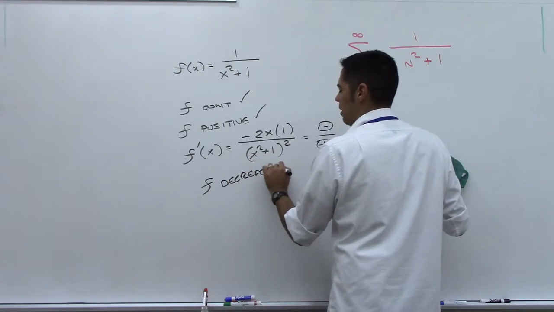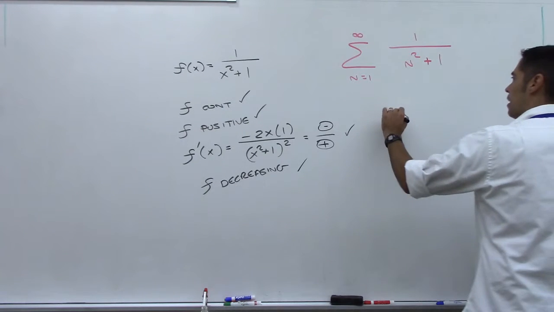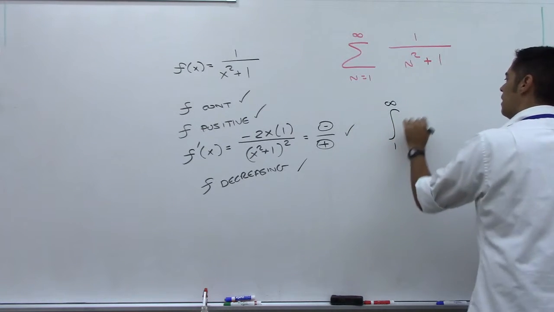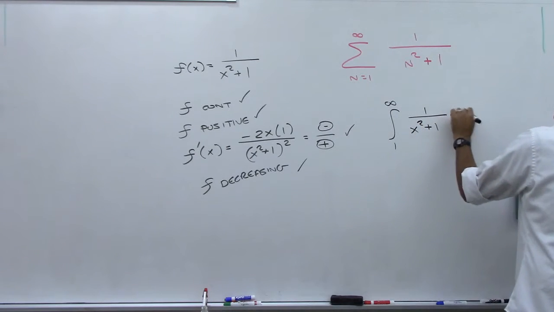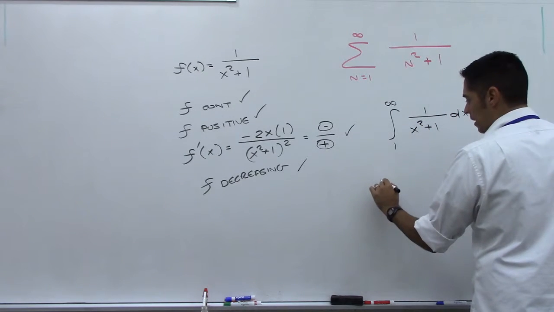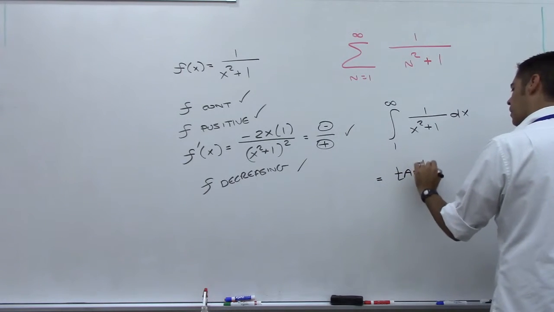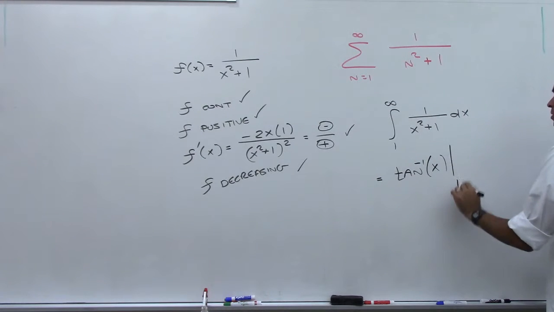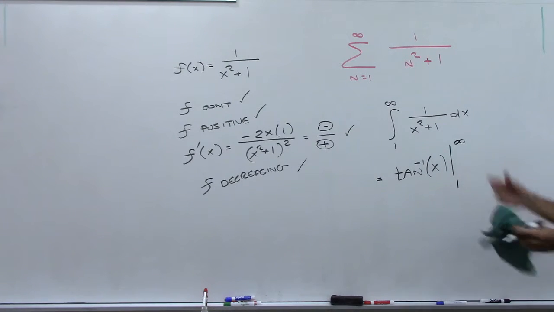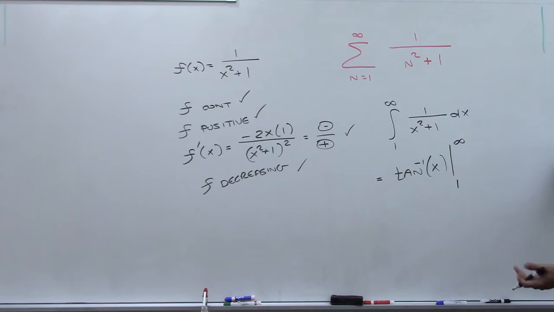And now I just need to be able to integrate it. So I've got everything I need. I need to do the integral from 1 to infinity of 1 over x squared plus 1 dx, which is arctangent of x. That look familiar? From 1 to infinity. Now I need to set up a limit, but because I'm just quickly sketching this out for you, let's just think about this.